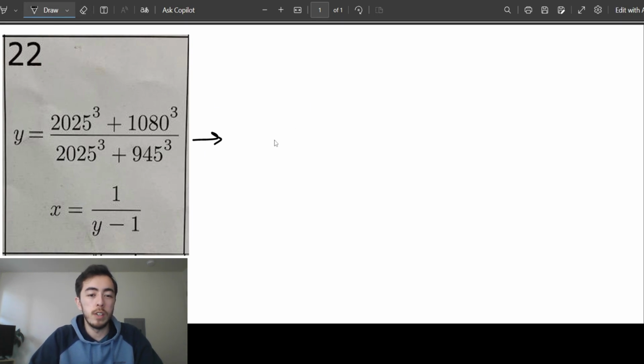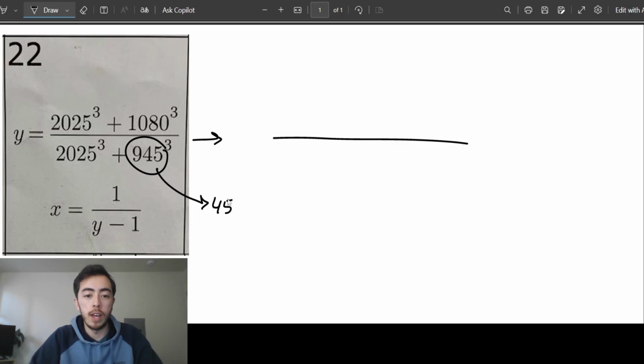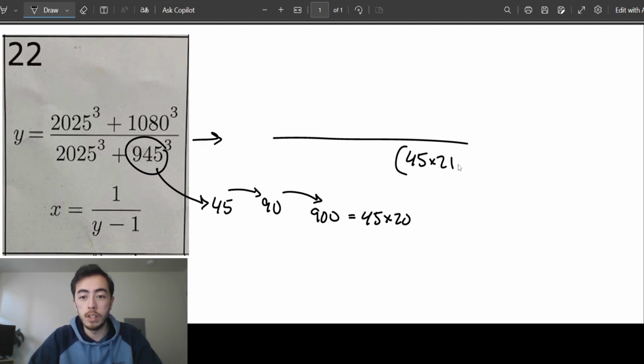So I think the first thing to notice about simplifying this fraction is that all of the integers in here are multiples of 45. It's easiest for me to see it in the 945 because if you count by your 45s, you're eventually just going to be counting by your 90s. And if you count by your 90s, you're going to hit 900. So I can see here that 900 is the same as 45 times 20. So 945 should be the same thing as 45 times 21. So that's still 945, and I'm still cubing it.